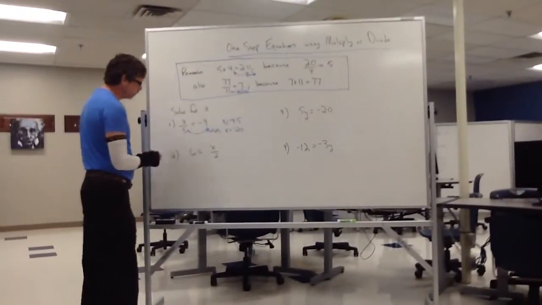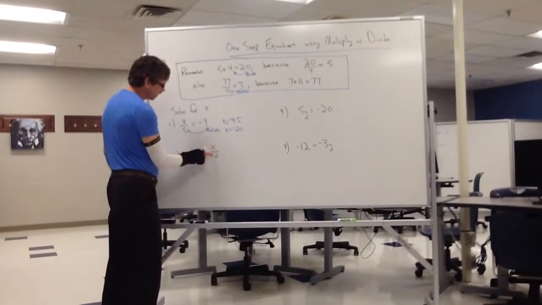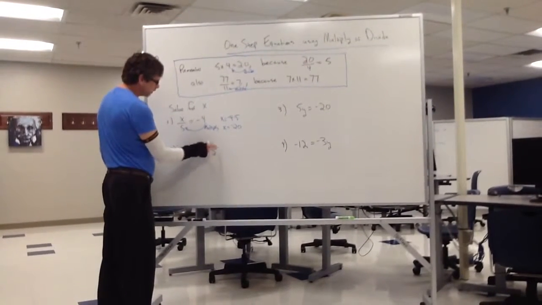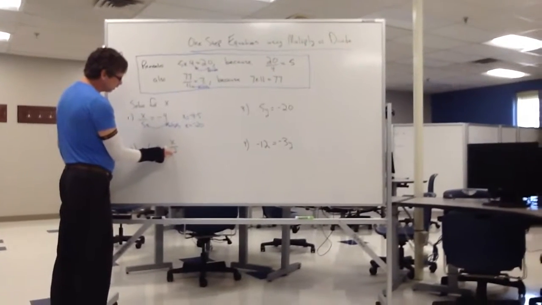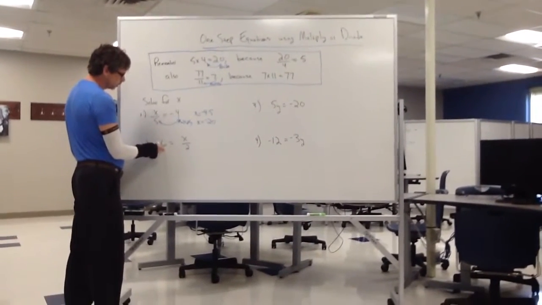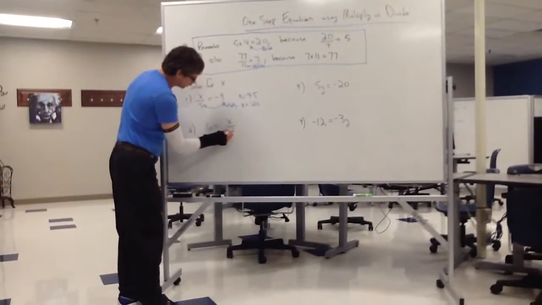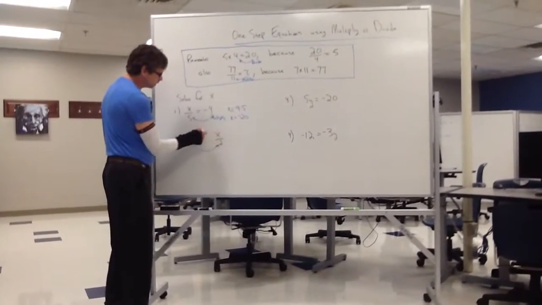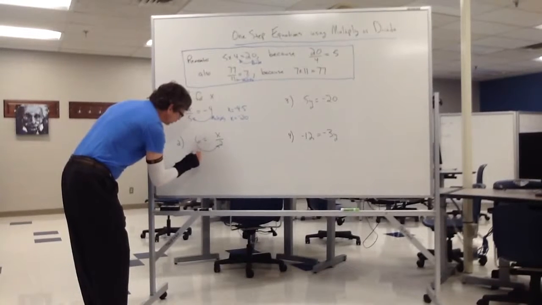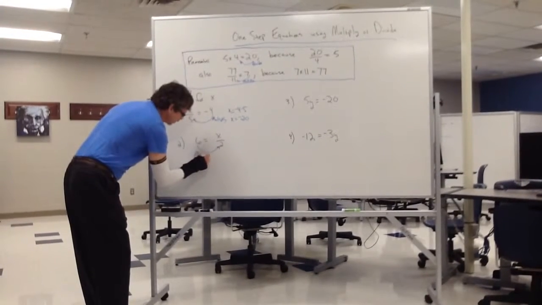If I look at this example, I have 6 is equal to some number divided by 2. I'm trying to find the value of x. What can you divide by 2 and get 6? Well, to solve the problem, I can work my way towards the x. Since this relationship is division, I want to use multiplication to solve the problem.